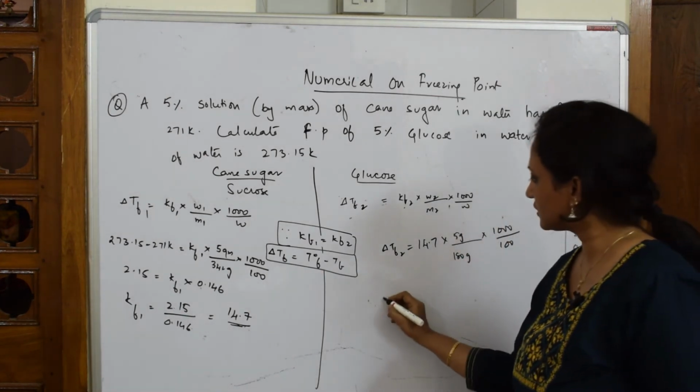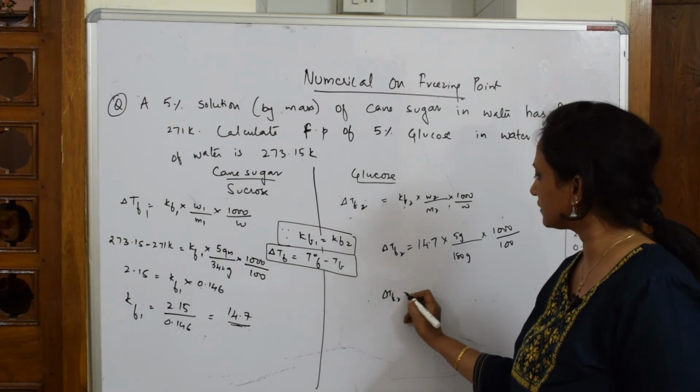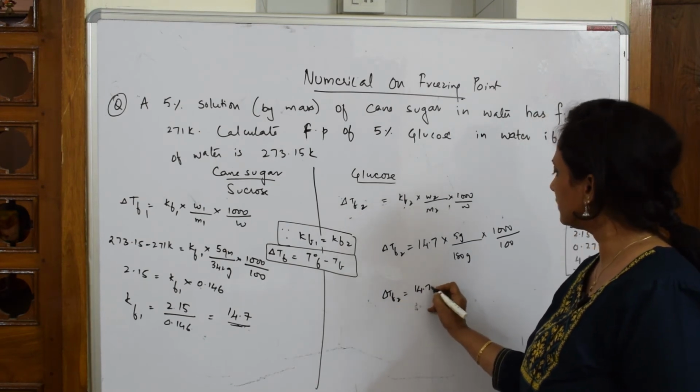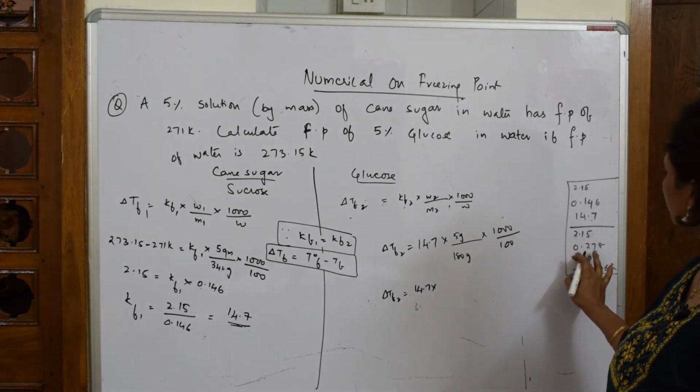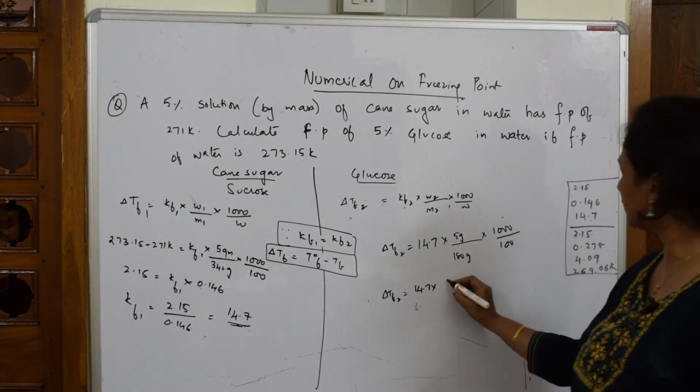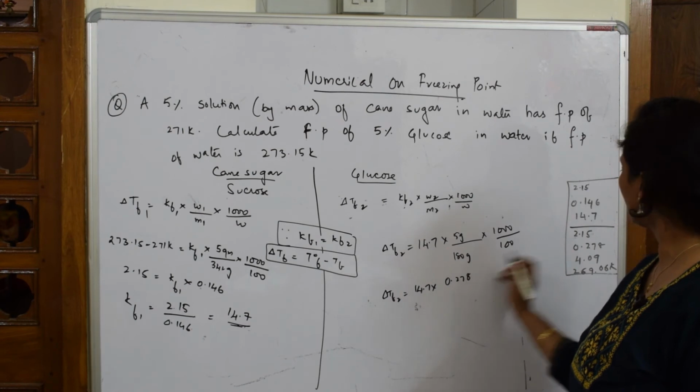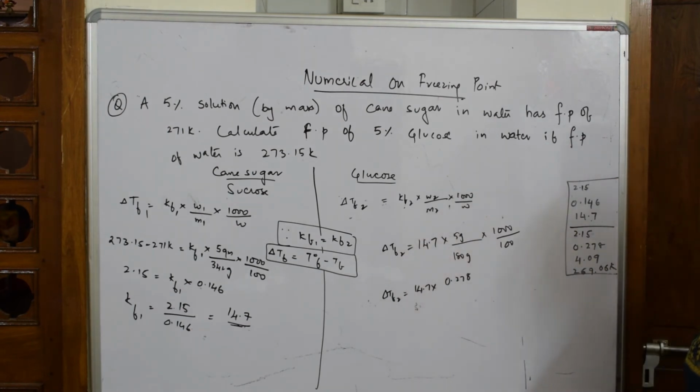When I solve this, delta TF2 is equal to 14.7 into 0.278.